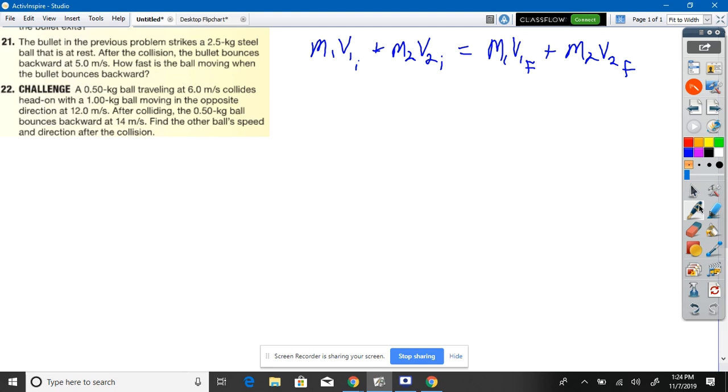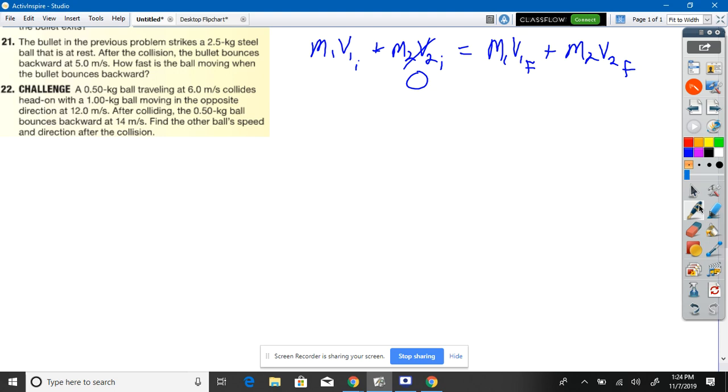Okay. All right. Let's enter in our information. 2.5 kilograms steel ball at rest. If it's at rest, what's the velocity? 0. After the collision, the bullet bounces backwards at 5 meters per second. How fast was the ball moving when the bullet bounces backward?